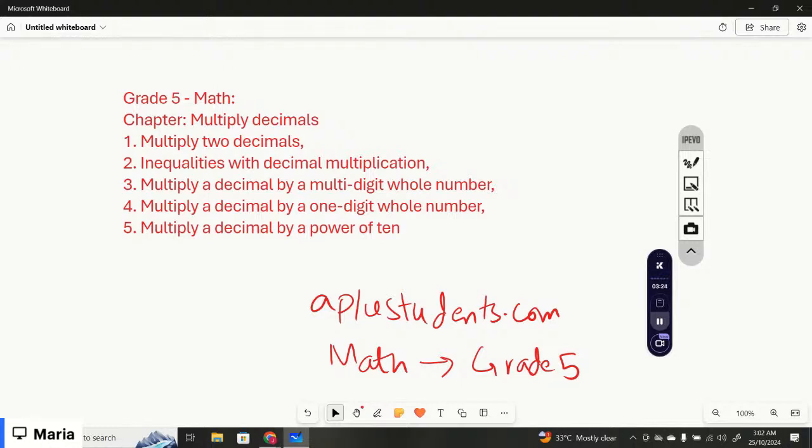The lessons we're going to cover today are multiply two decimals, inequalities with decimal multiplication, multiply a decimal by a multi-digit whole number, multiply a decimal by one-digit whole number, multiply a decimal by a power of 10.